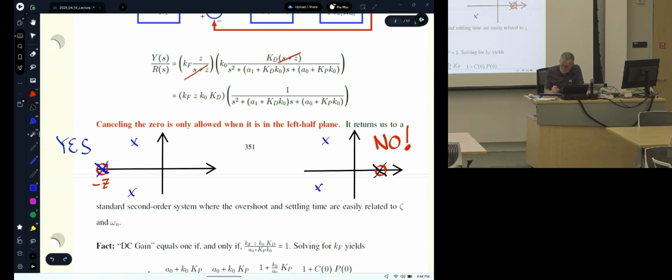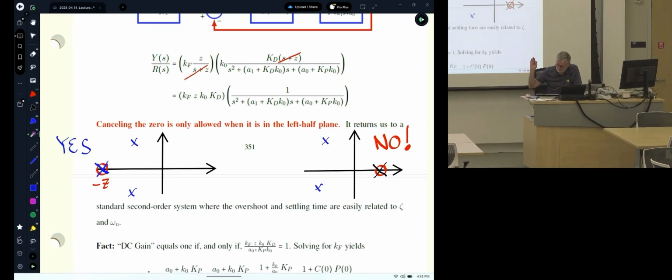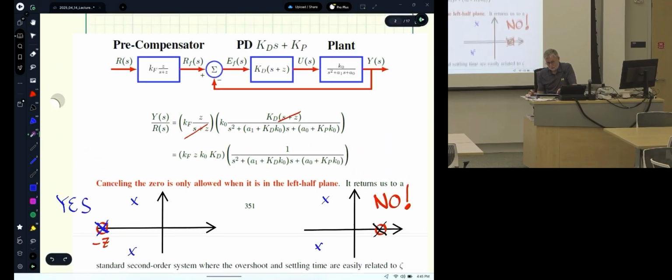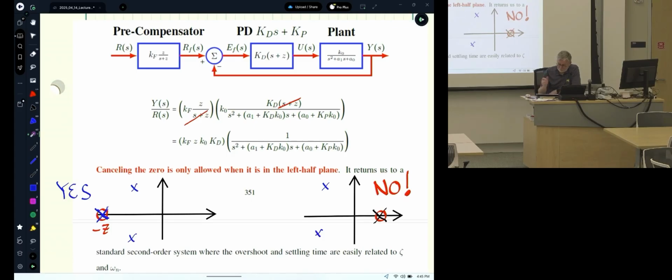So if the 0 is on the good side of the imaginary axis, we can set a pole approximately, or mathematically, even exactly, on top of that 0, and then it will disappear from the response from the command to the output. Now, if you take GEEKS 460, you'll see that there are maybe some other small issues, but for us, this works quite well.